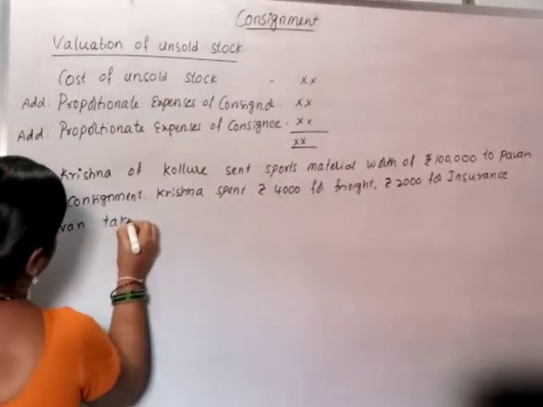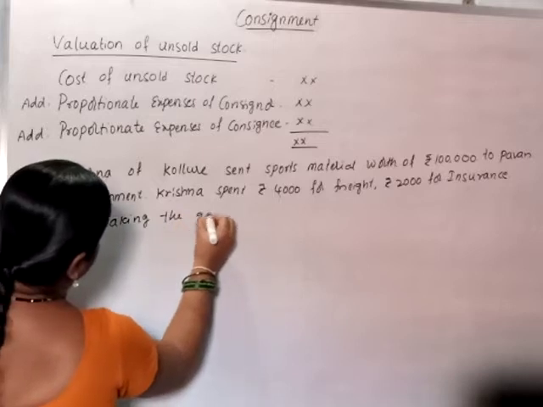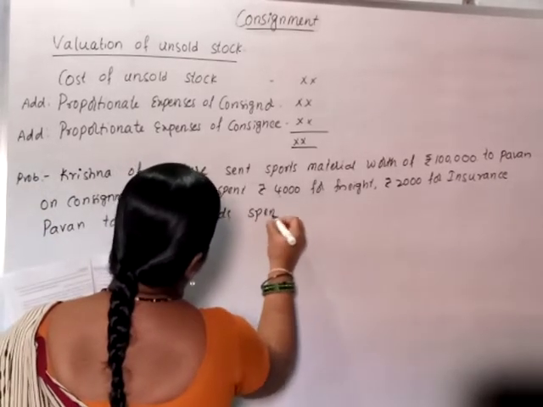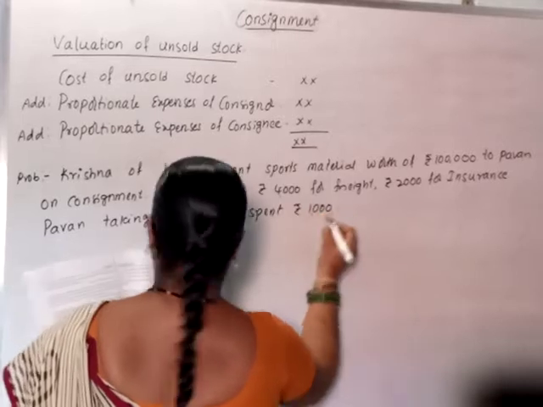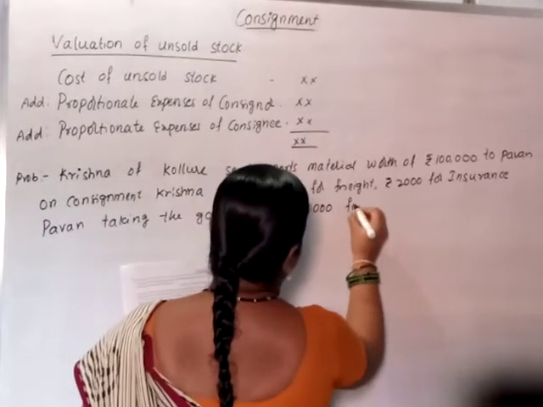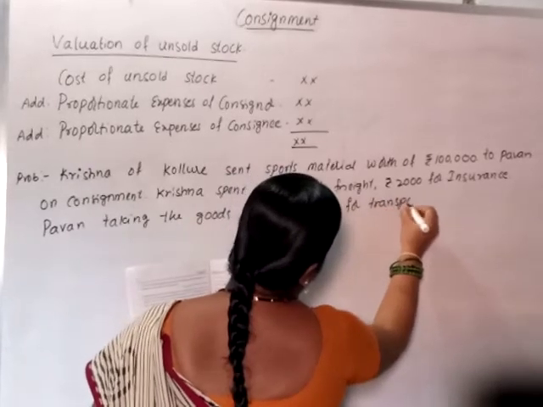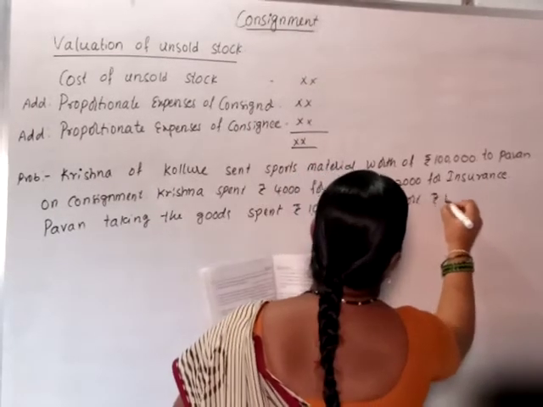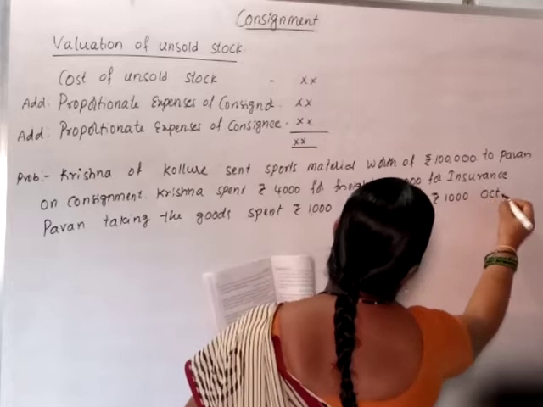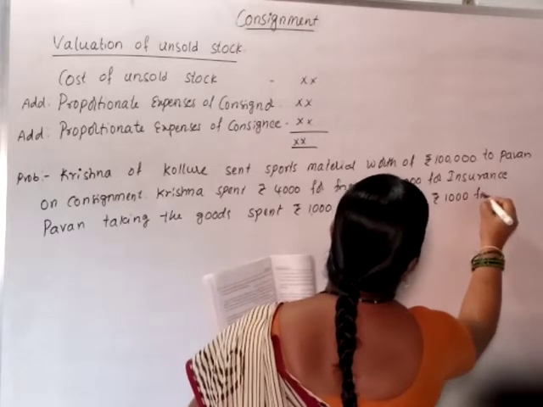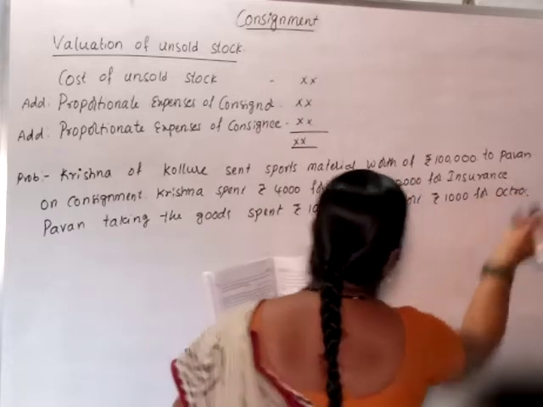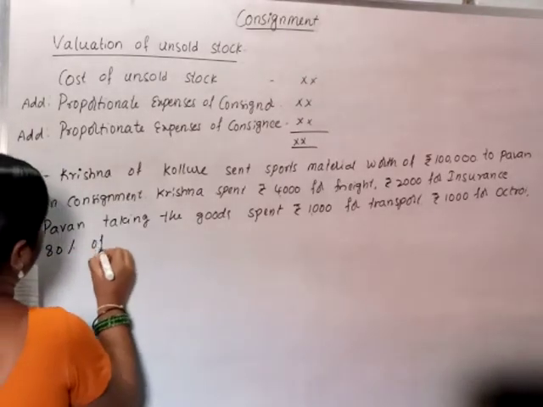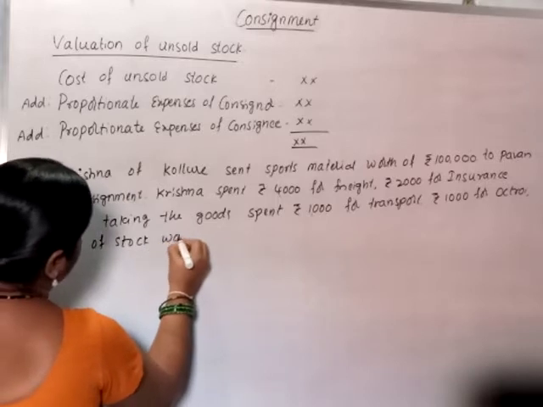Pawan, taking the goods, spent rupees 1,000 for transport and 1,000 for octroi. 80% of the stock was sold.